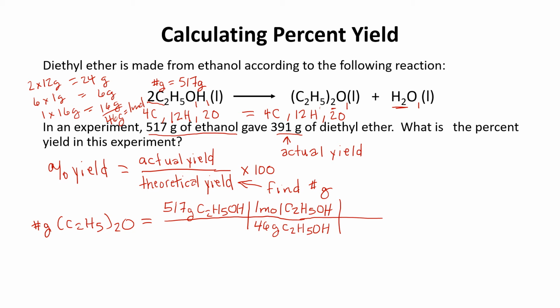The only time we want to use those stoichiometric coefficients, and I'll put a 1 here because it's understood as 1, is when we're going from moles of one substance to moles of another.